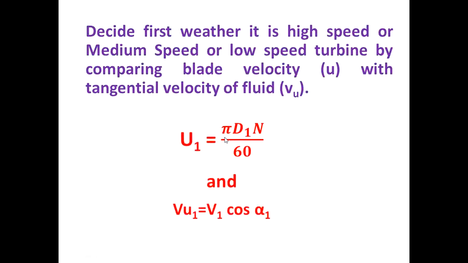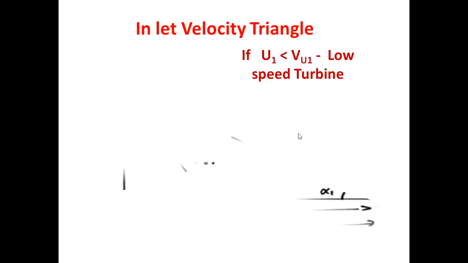Therefore, your blade velocity u1 is equal to pi d1 N by 60, and tangential velocity Vu1 is equal to V1 cos alpha 1. Very important deciding factor to construct the velocity triangle. After construction of a velocity triangle, solving the problem is very easy. So the inlet velocity triangle will be like this.